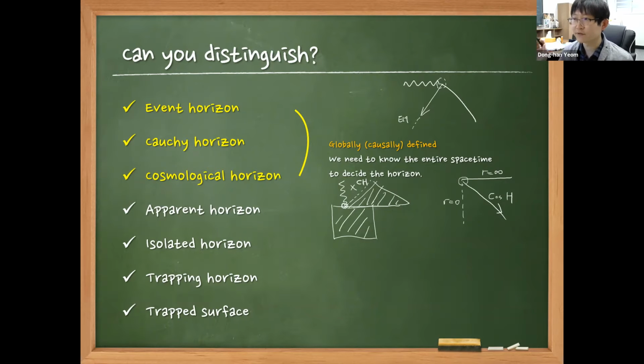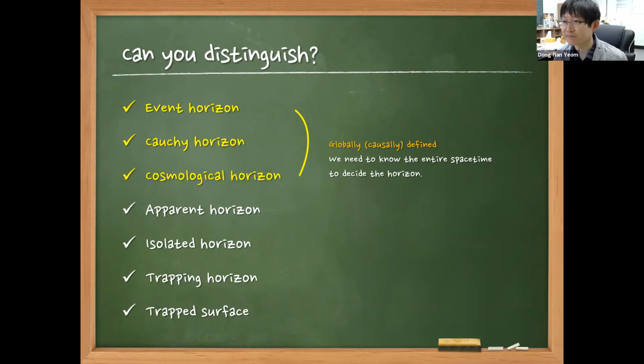The definitions of event horizon, Cauchy horizon, and cosmological horizon are all defined in a global way. Maybe it's a philosophical word, but it's too teleological. So locally you cannot decide them.